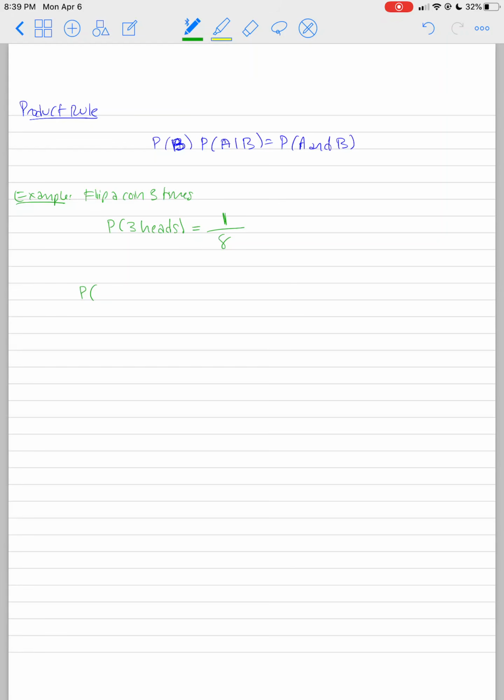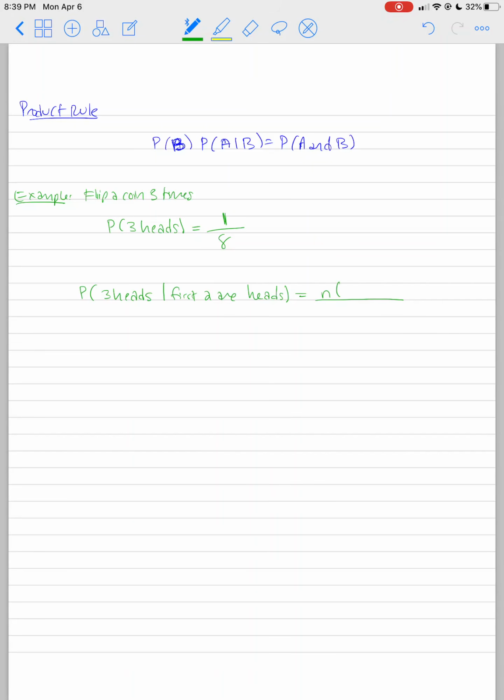Now, what is the probability that I get 3 heads given that the first 2 are heads? Most often, I'm going to use the second version of the conditional probability formula with the ends in it. This is one time where sometimes it is easier to do numerator first.